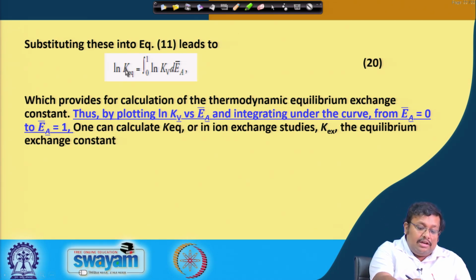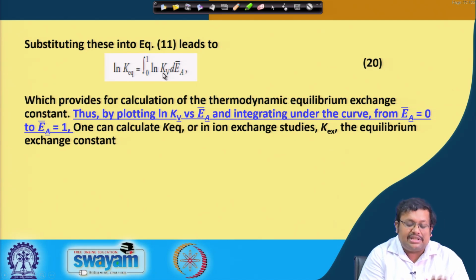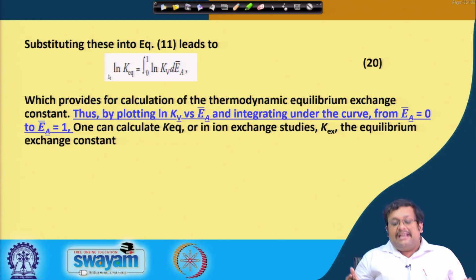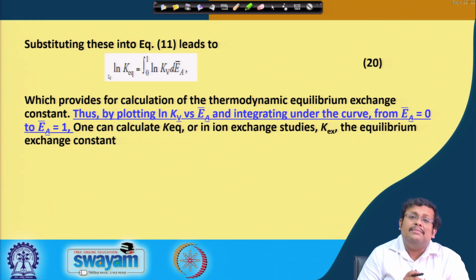If we plot from this integral equation, it is clear that by plotting Kv versus EA and integrating under the curve from EA 0 to EA 1, one can calculate this KEQ. So, one can calculate KEQ, or in ion exchange studies KEX, the equilibrium exchange constant.